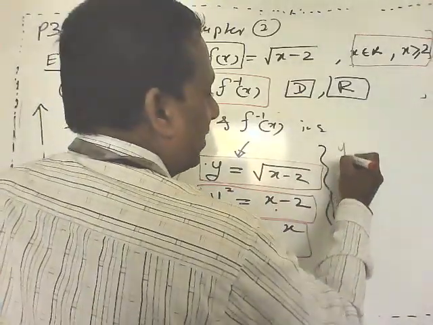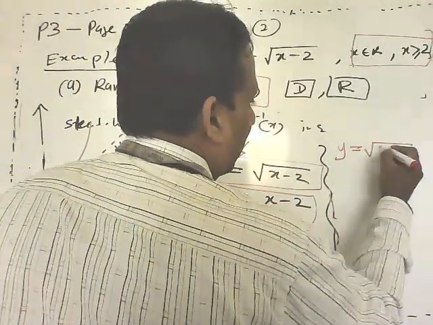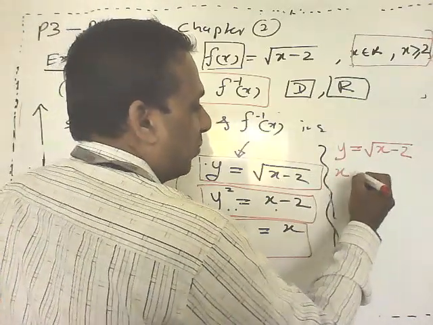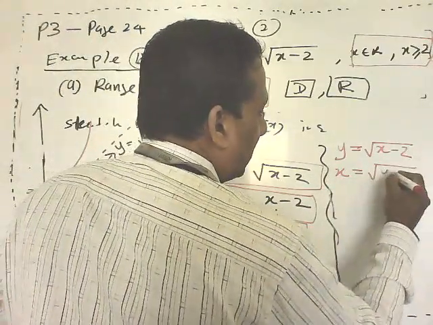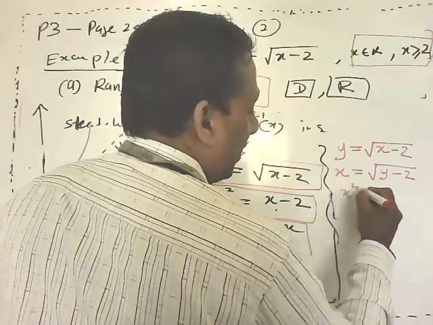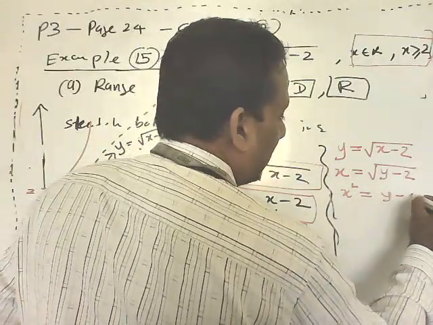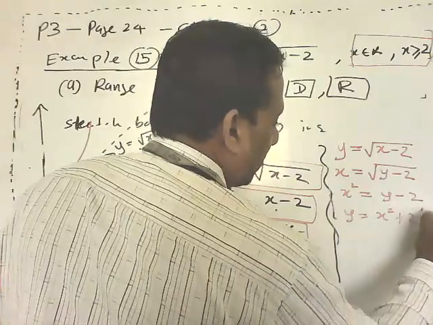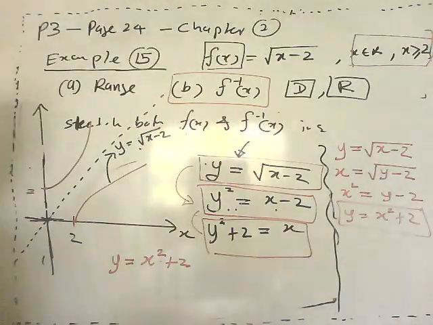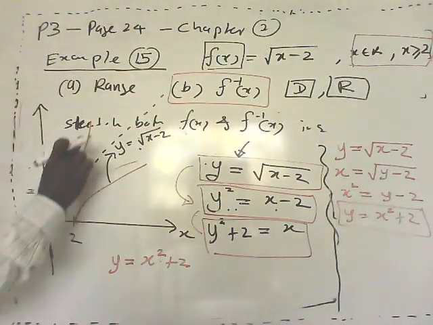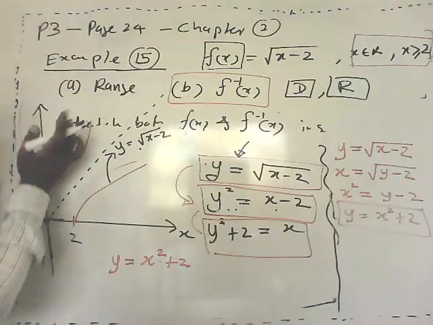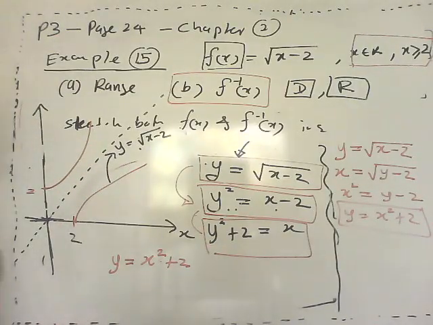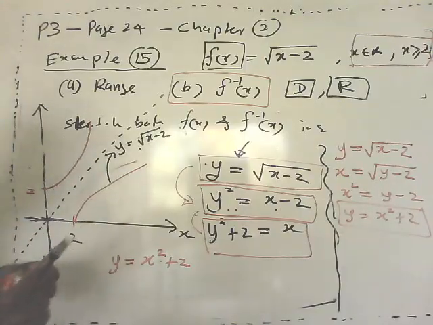The original function is y is equal to square root of x minus 2, and instead of y we will put x, and instead of x we will put y. So here we get x squared equals y minus 2, and y is equal to x squared plus 2. So our normal quadratic pattern. So x squared is going from here, and it gets lifted by 2 units. And from the reflection also I got it. Actually now this reflection part, this is part C.